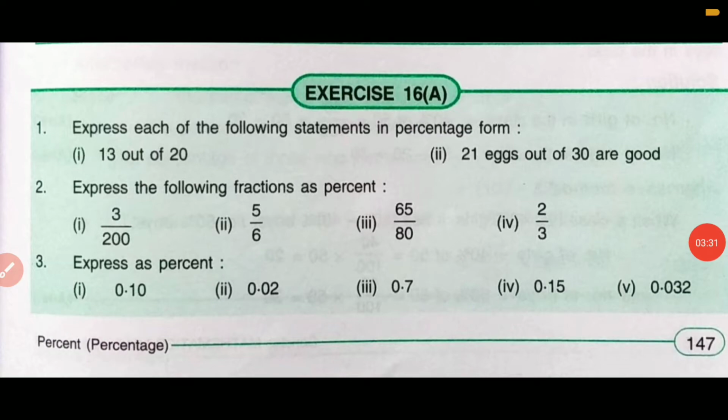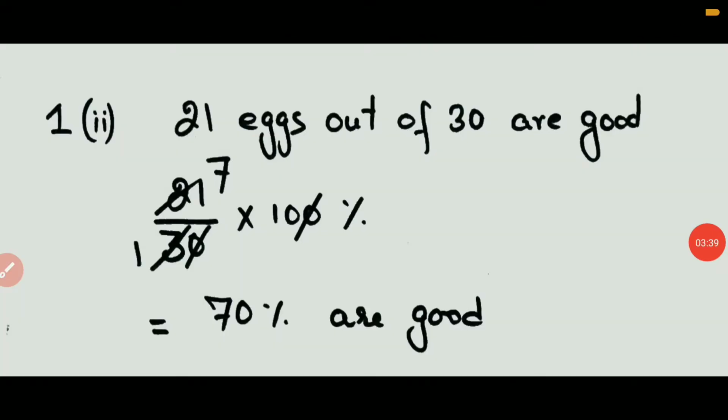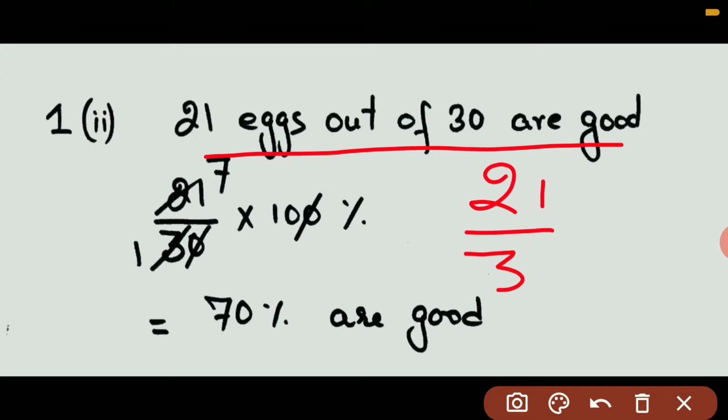Question number 1, 2 reads as 21 eggs out of 30 are good. Let us go to its solution. So the fraction will be 21 upon 30. And how to convert it into a percentage?